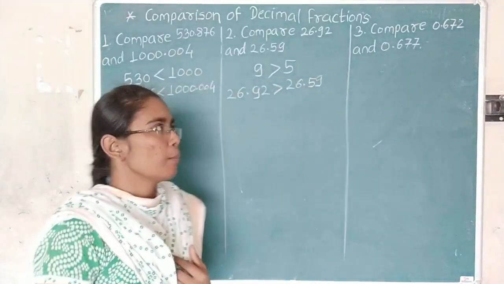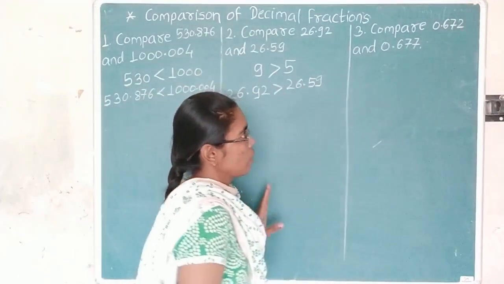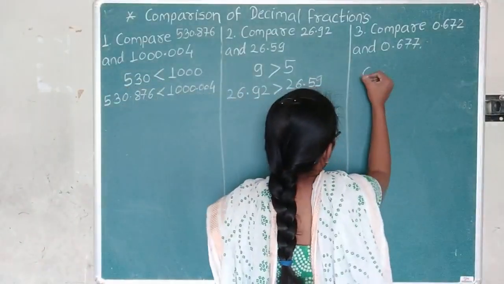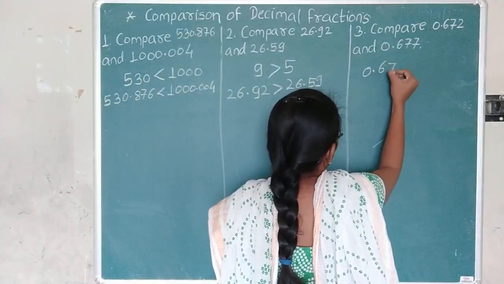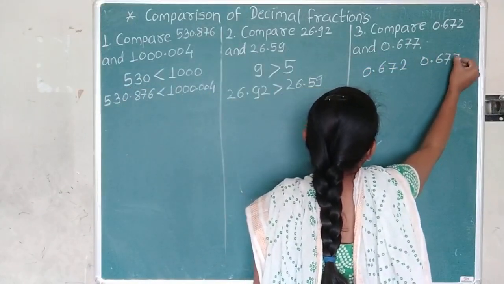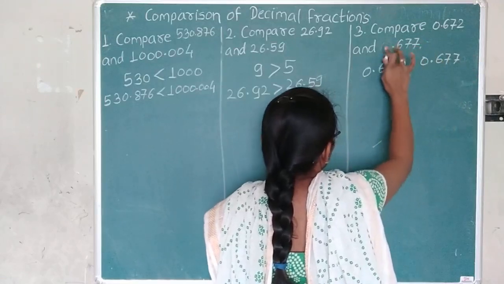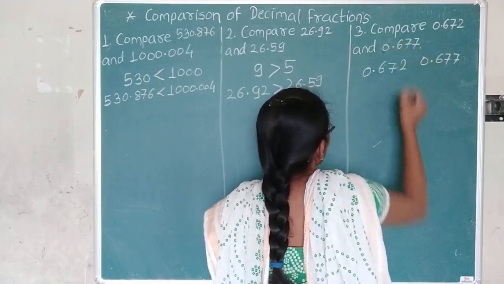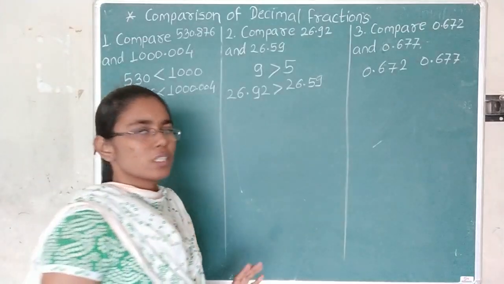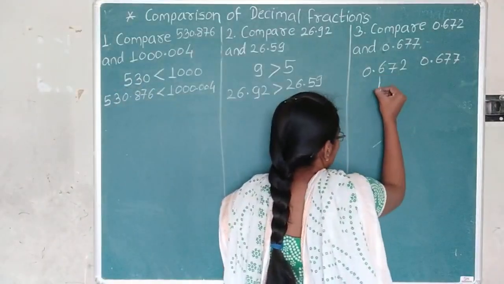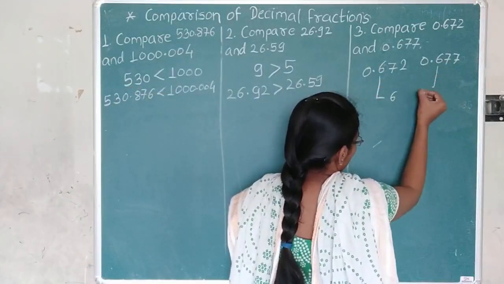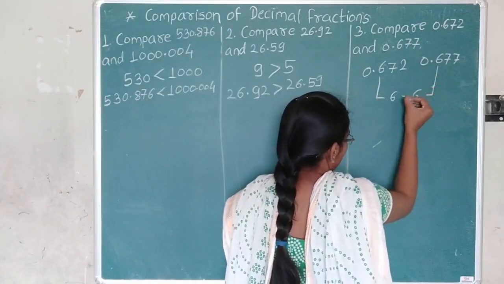So now how to compare them? We will first write down the given decimal numbers, 0.677 and 0.672. Now we will first compare the first digit after the decimal point. Here 6, here also 6, meaning both are equal.